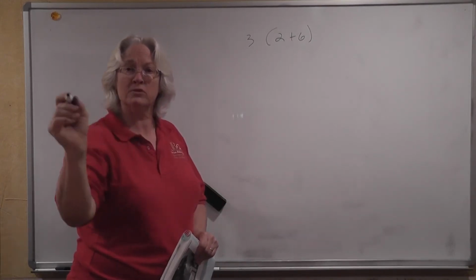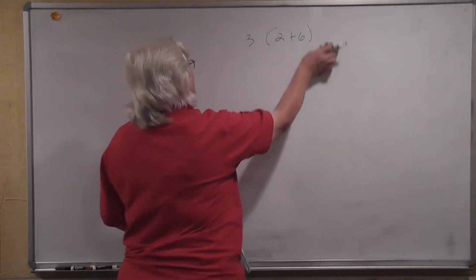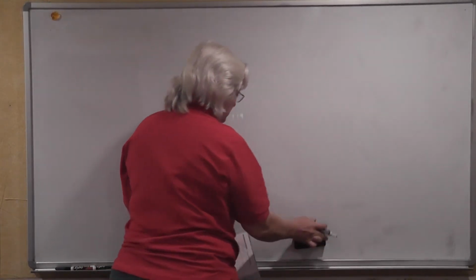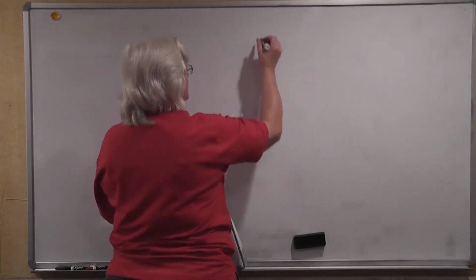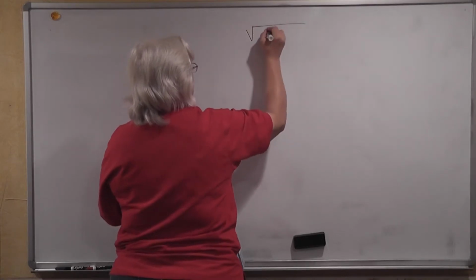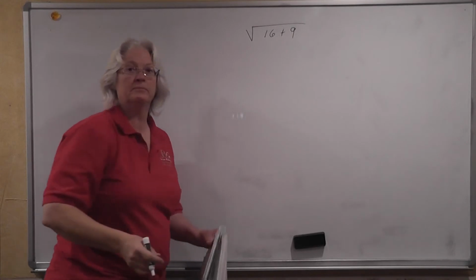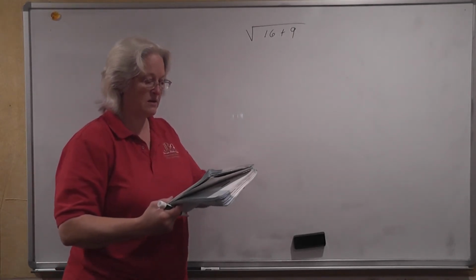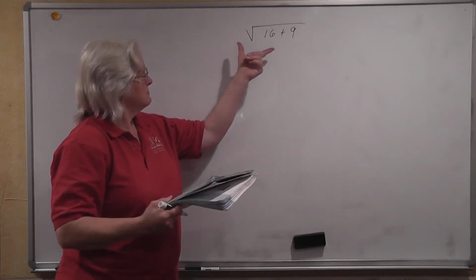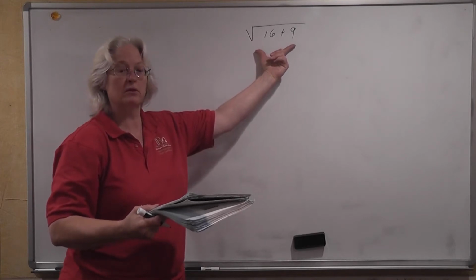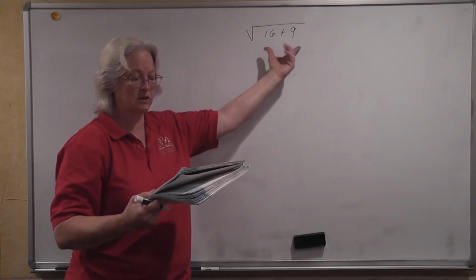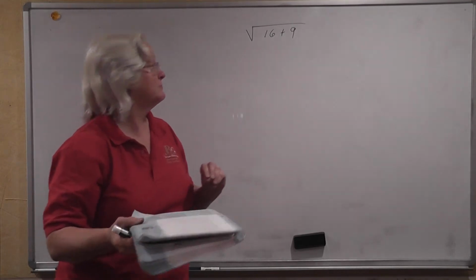Well, that square root symbol is a grouping symbol as well. So if you have something like the square root of 16 plus 9, every bit of that is underneath the radical symbol. Okay, so you're going to add it first.